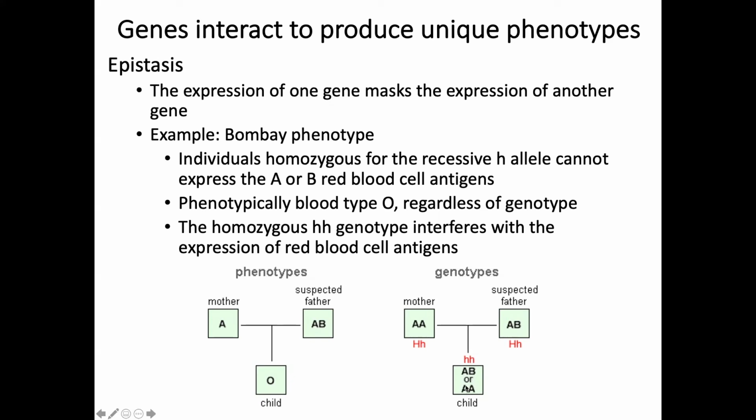But why phenotypically is it not AB, the same as the suspected father? This is because human beings have another blood type system named the H blood type. Interestingly, the mom here is heterozygous, big H, small h. The father is Hh, heterozygous as well. And the child is recessive homozygous, small hh.